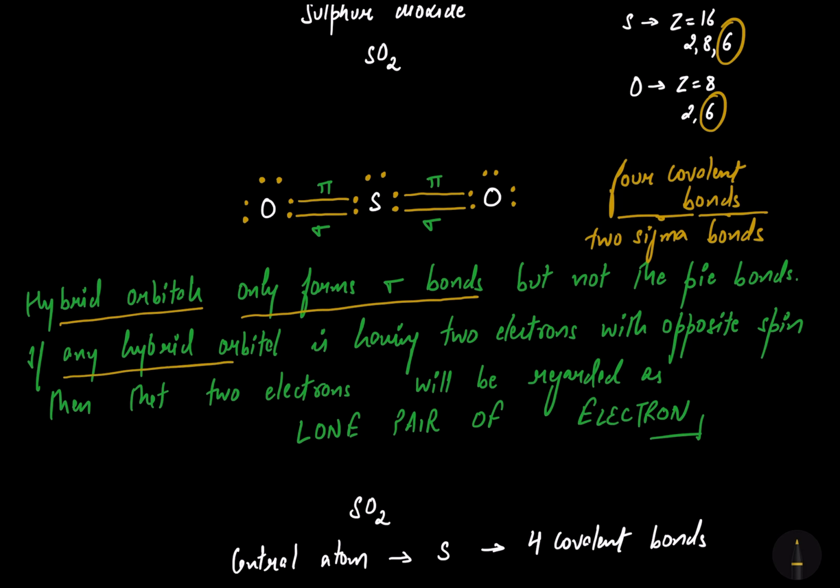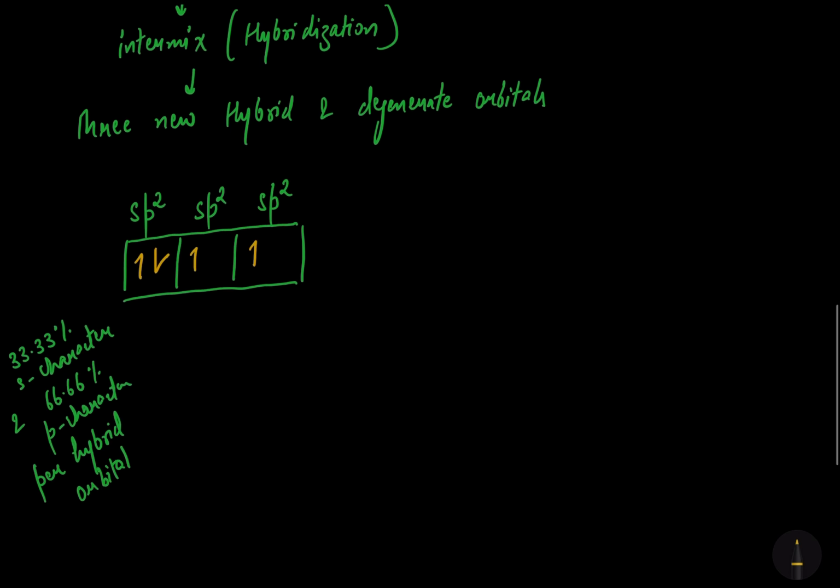If any hybrid orbital is having 2 electrons with opposite spin, then those 2 electrons will be regarded as a lone pair of electrons. So in this case we got the lone pair of electrons in the first sp2 hybrid orbital. So that's our lone pair of electrons.